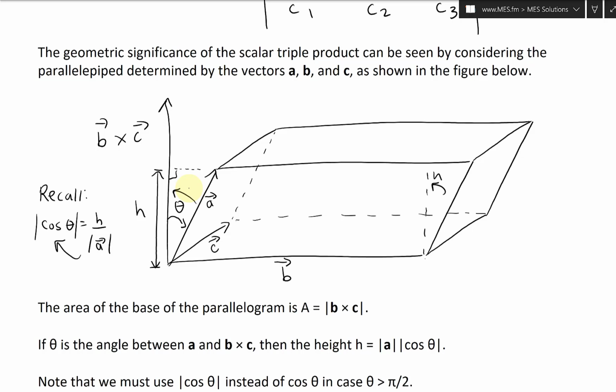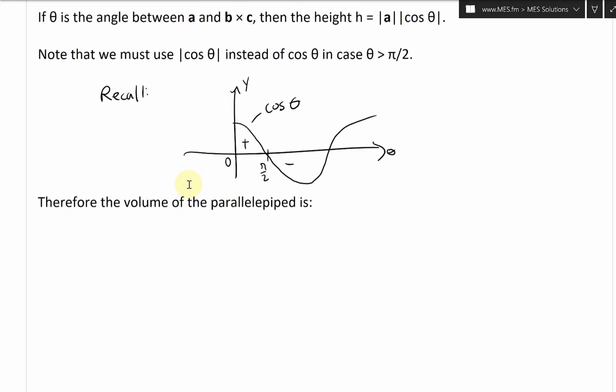So you could view it as having a rectangular block and then shifting it accordingly, and nothing actually changes. So basically the volume is going to be this area times this height. Alright, let's continue further. Therefore, the volume of the parallelepiped is V equals A times h, which equals, well, the cross product is the area of the base.